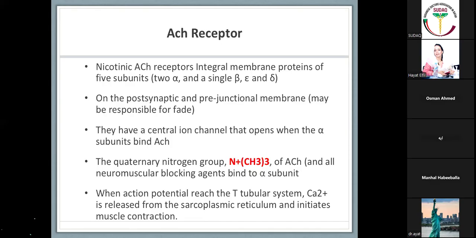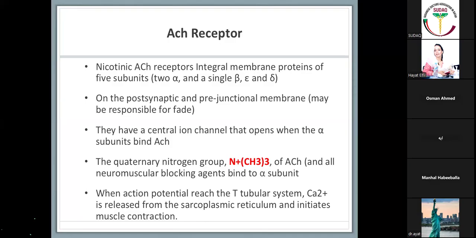I have to say that those receptors are non-specific, and they allow potassium, sodium, and calcium across the membrane. They will generate a small end-plate potential that at some stage will summate together to reach a threshold. At that time, the voltage-gated sodium channels will open and a rapid depolarization will happen in the neuromuscular junction.